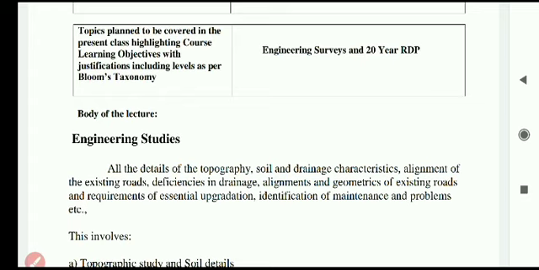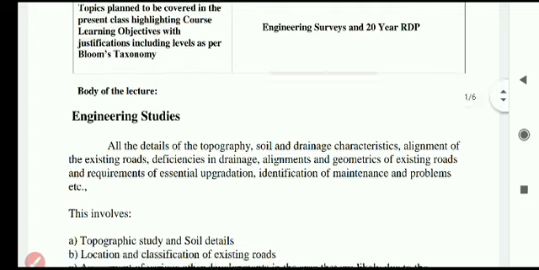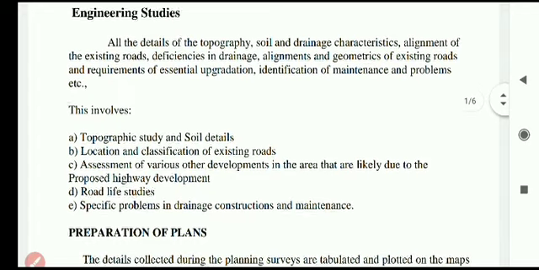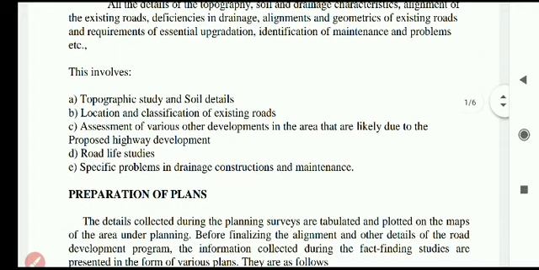The first parameter in the engineering studies is the details of topography, soil condition, soil characteristics, drainage facilities, and alignment of the existing road. All this data is collected, and after collecting the data it is used for preparation of the plans.